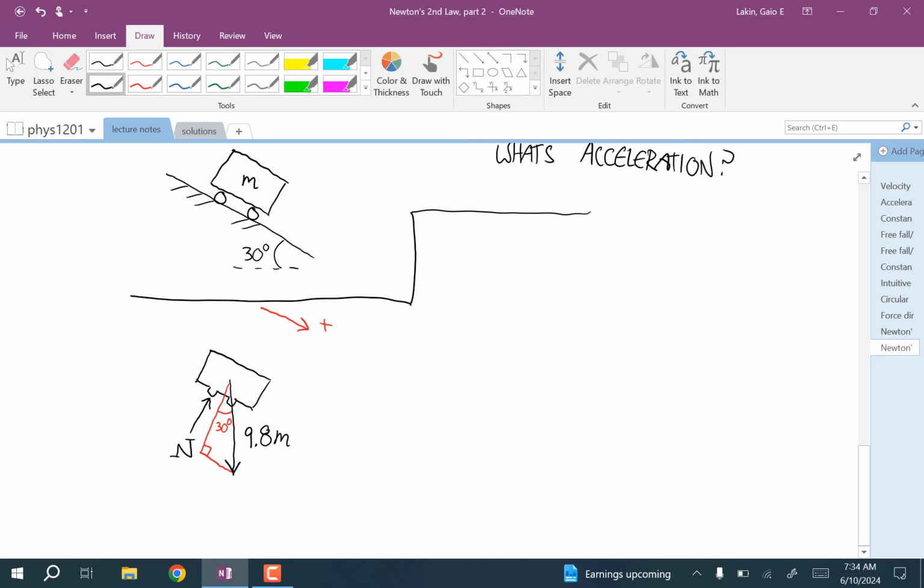So this is going to be a positive component. So now we'll go to Newton's second law. The n doesn't show up because it's perpendicular. And so the only force we have is the positive 9.8 m times the sine of 30 degrees. And that's equal to the mass times the acceleration.